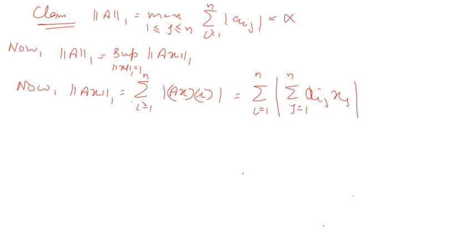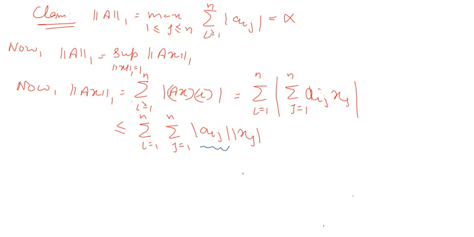Now by using the triangle inequality, this is less than or equal to the summation i equals 1 to n of the summation j equals 1 to n of the modulus of aij times the modulus of xj. Now you take the maximum over j of the modulus of aij.